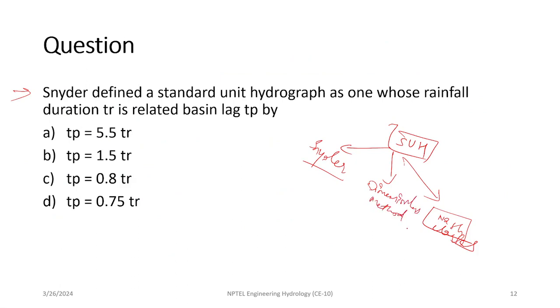So here the question is related to the Snyder method. Empirical equations are mostly mentioned in his method. Do you have any idea related to TP and TR?